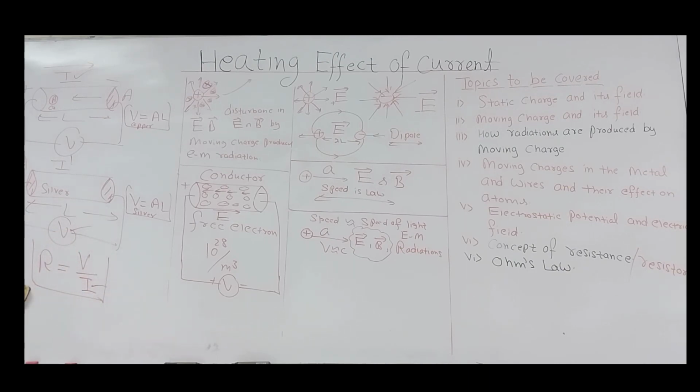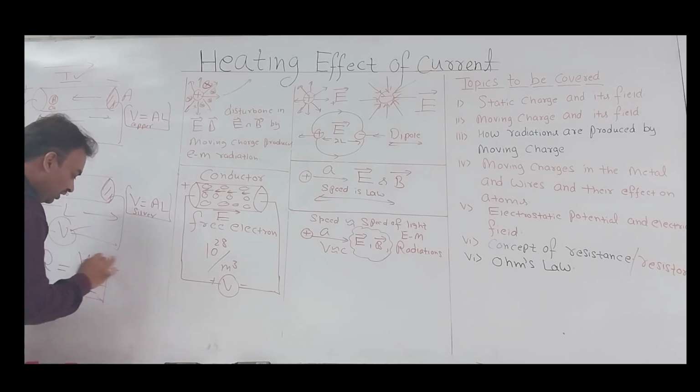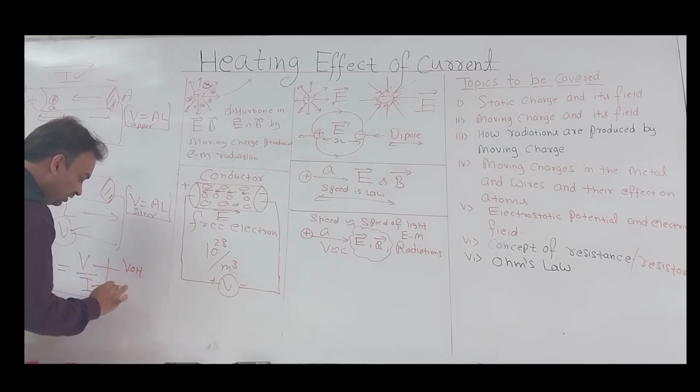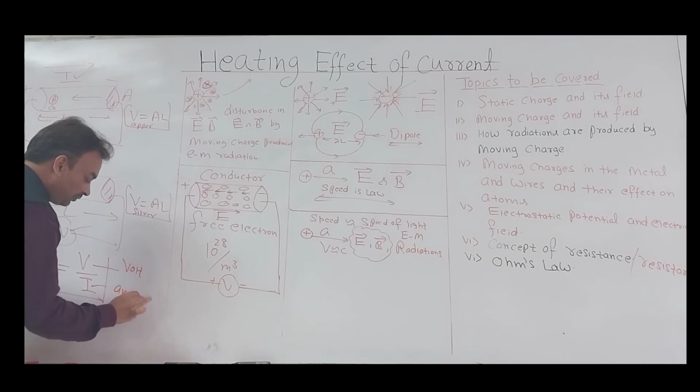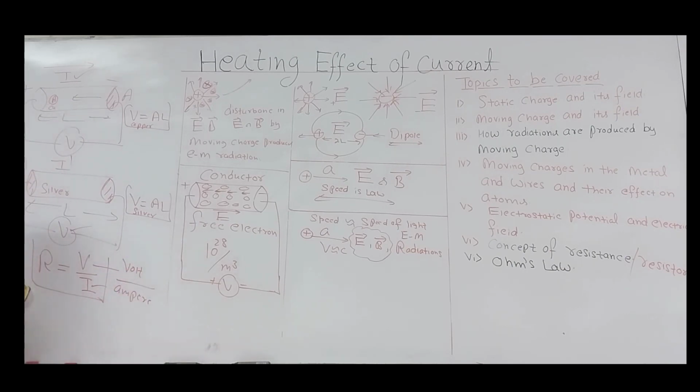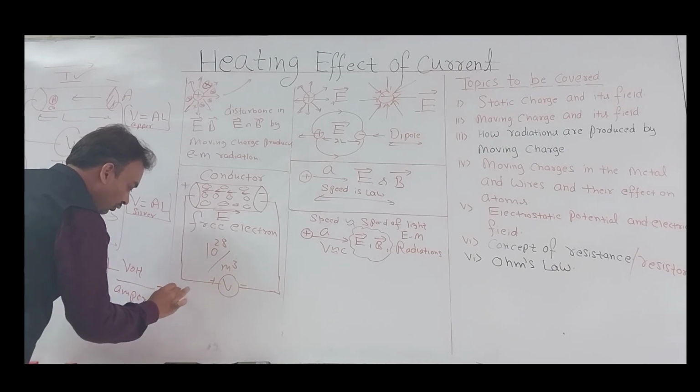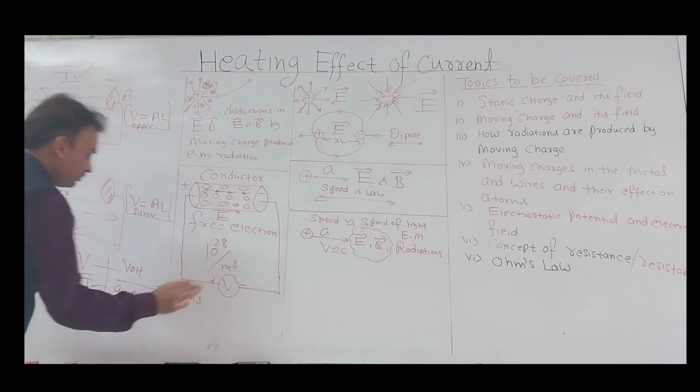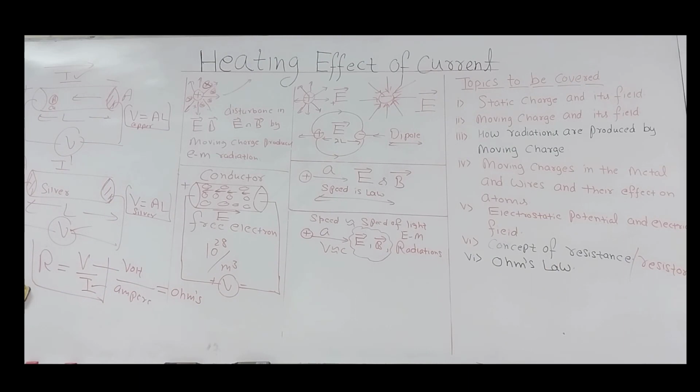Under potential V, if the current is I, then the ratio of these two defines the resistance. V is in volts and current is in amperes, and the ratio of volt and ampere is known as ohms. The relation between V and I is that V is directly proportional to I. If there is any change in the voltage, the same change will be there in the current, and this is known as Ohm's law.